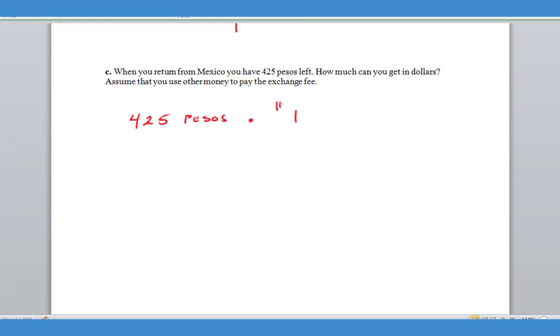So I'm going to have $1 per 8.5 pesos. And now the unit of measure that is the same on the top and the bottom are the pesos. And this is going to create a situation where we're now dealing with only dollars. So the unit of measure left is dollars, and that would be $50 that we would receive back from the pesos.